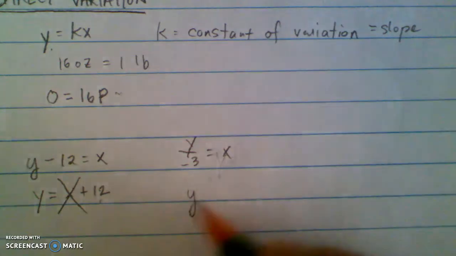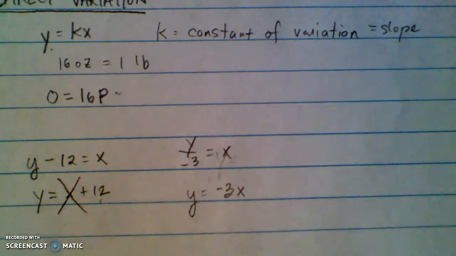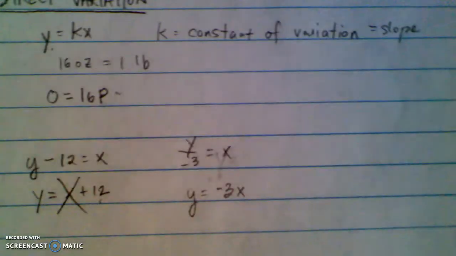We should get y equals negative 3x when we do that. Does everyone agree? Is this a direct variation? Yes. What is the constant of variation? Negative 3. What's the slope? Negative 3. Same thing, right? Constant of variation and slope are the same thing.